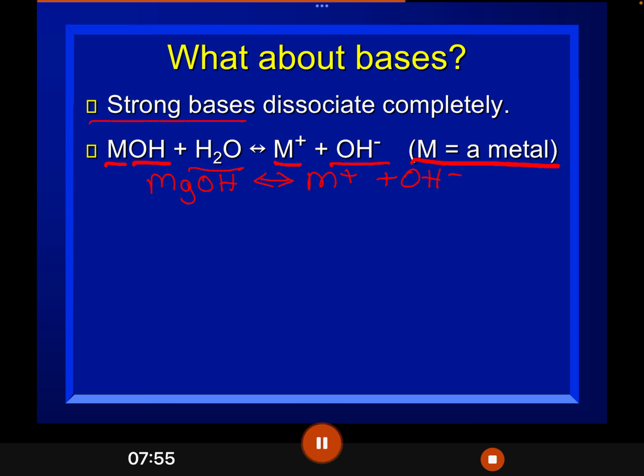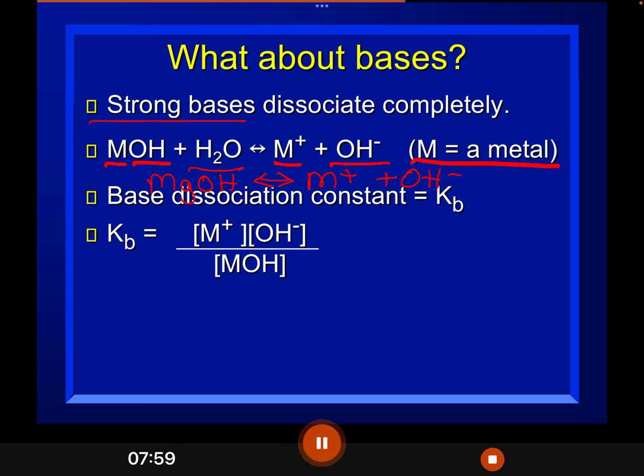Again, we can omit the water from our Kb expression because it's a liquid. So here would be my Kb expression. So Ka is for acids, Kb is for base. Easy peasy, lemon squeezy.